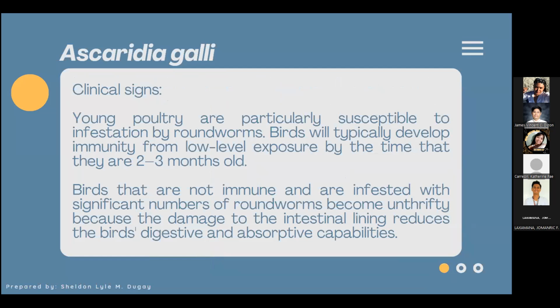So clinical signs, young poultry are particularly susceptible to infestation by roundworms. Birds will typically develop immunity from low-level exposure by the time that they are 2 to 3 months old. So yung mga birds that are not immune and are infested with significant numbers of roundworms become unthrifty because of the damage to the intestinal lining.